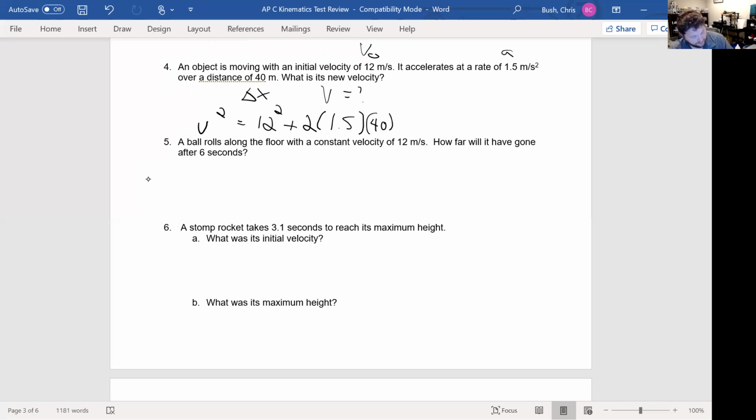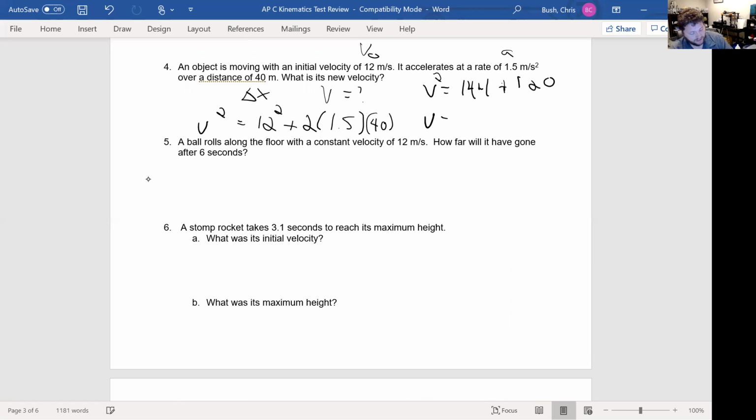So this is going to be v squared equals 12 squared is 144 plus, let's see, 2 times 40 is 80. Half of that is another 40. So that's going to be 120.